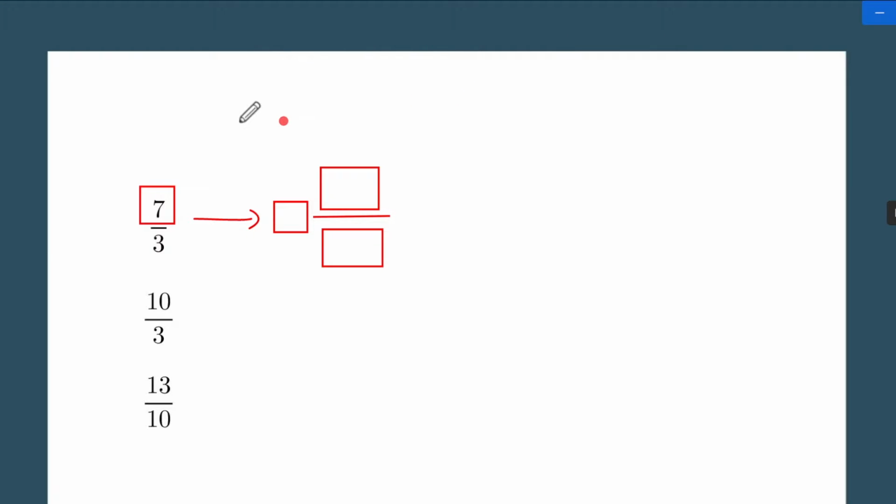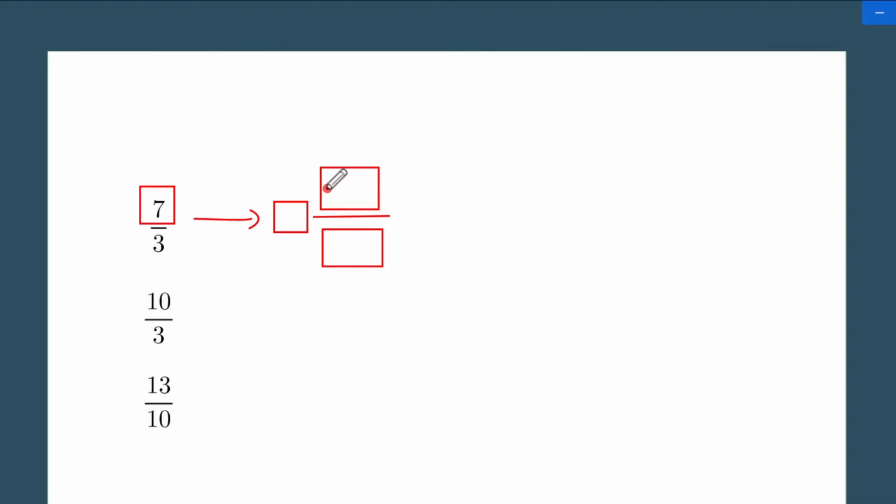And the regular fractions that we have like this, that's only a few slices of pizza. This pizza is divided into 3 slices, and we're talking about 1 slice. But this one has 7 slices, and we know that 3 slices of pizza make 1 pizza, so 7 slices are more than 1 pizza. That's the difference between improper fractions and regular fractions.